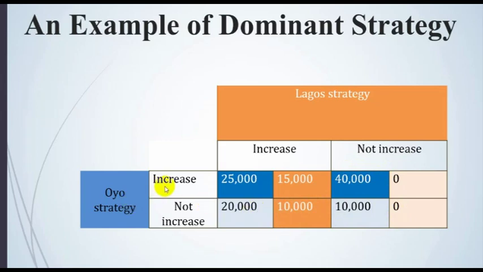Oyo strategy: increase 25,000, 15,000, 40,000, 0. Not increase 20,000, 10,000, 10,000, 0.